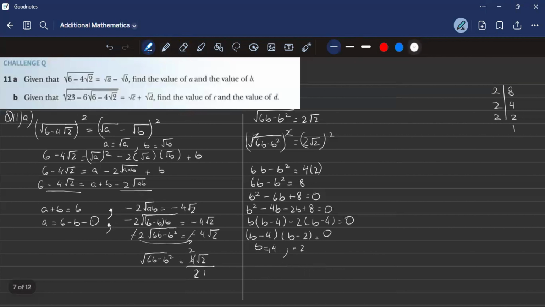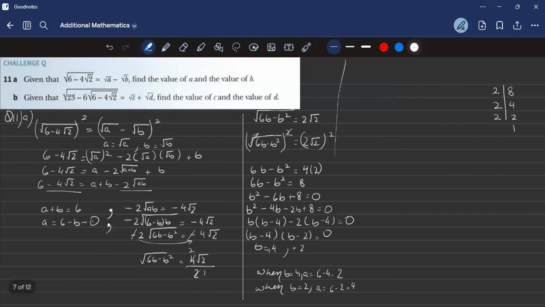Okay, so the next thing we are going to find out is a. When b is equal to 4, a is equal to what? 6 minus 4, and 6 minus 4 is 2. When b is equal to 2, a is equal to 6 minus 2, which is equal to 4.